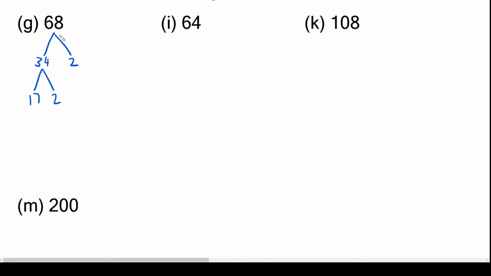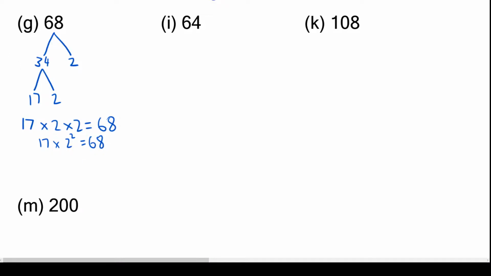So 34 times 2 is 68. 17 times 2 gives 34. And that's it. So 17's prime, times by 2 times by 2 gives 68. And in index form, 17 times 2 squared equals 68.